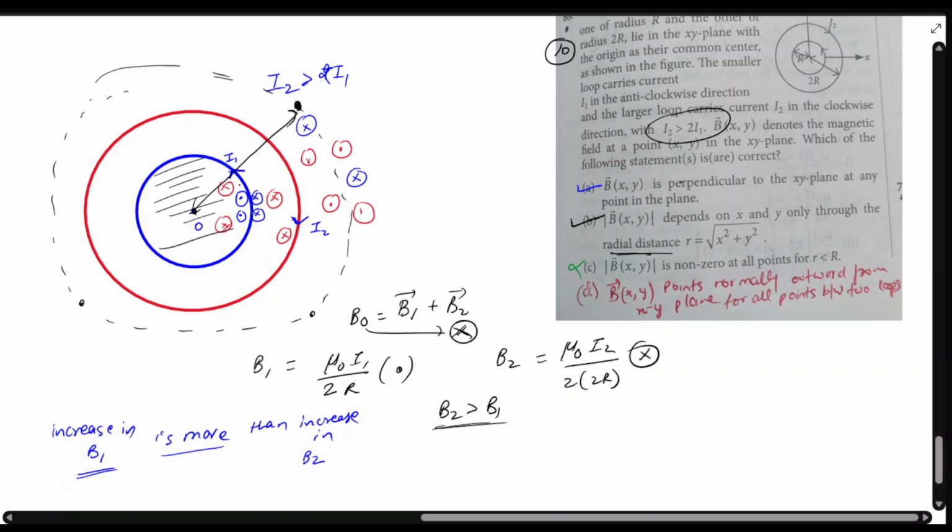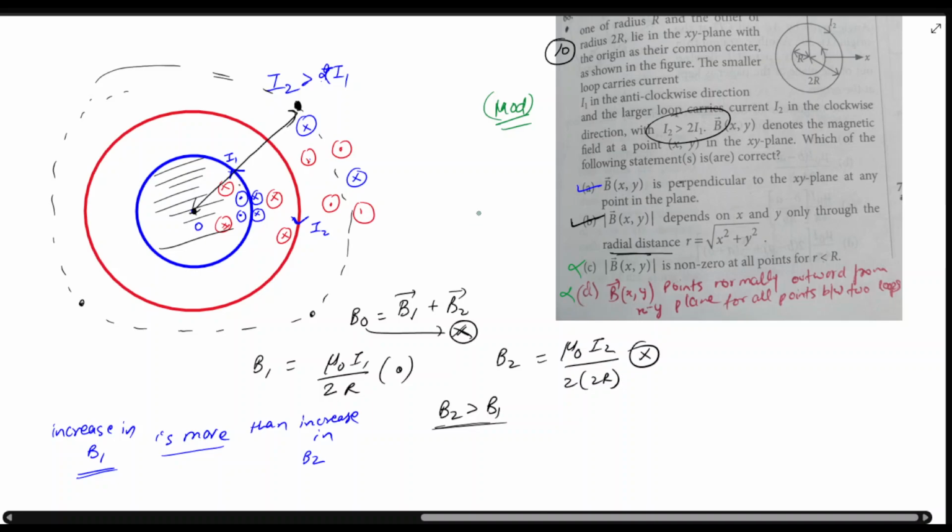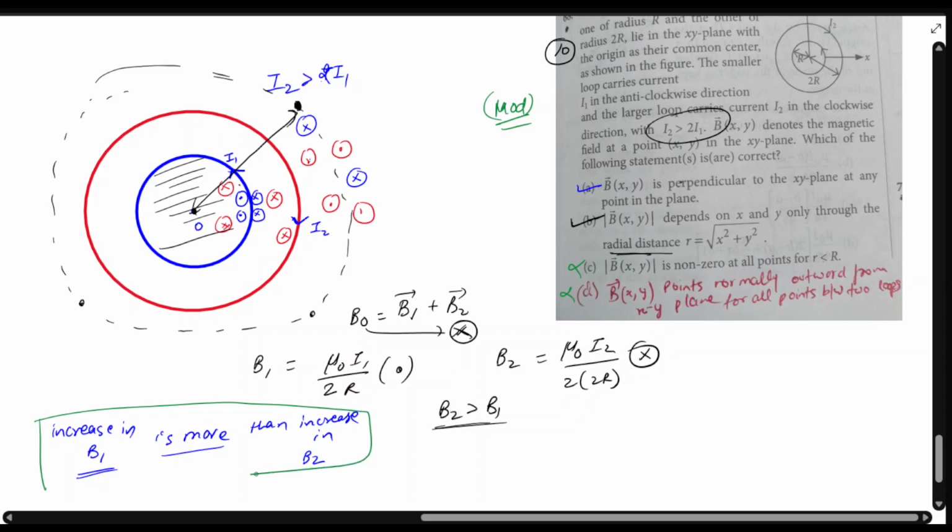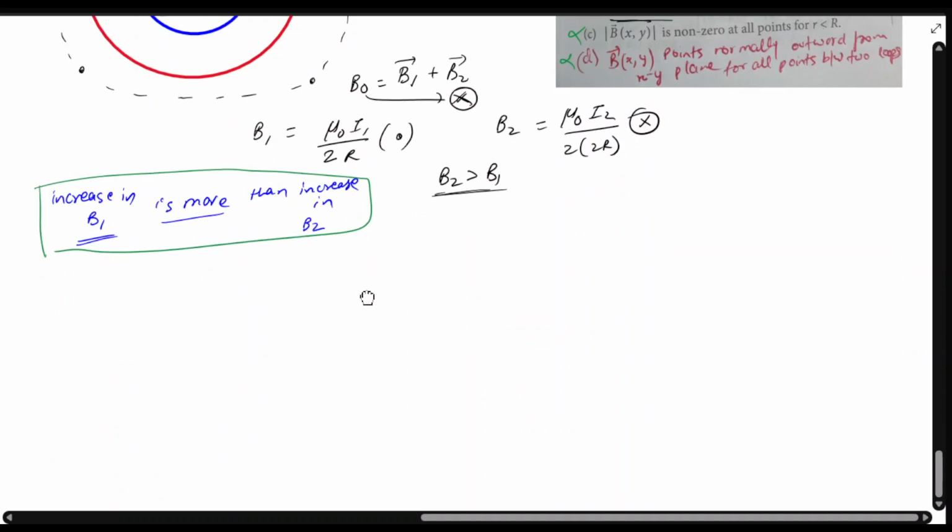Look, in this region the magnetic field is inside the plane, right? And it is saying normally outward. So this option is absolutely wrong. So A and B are correct. This question is quite interesting. We'll consider it as moderate. The concept is pretty nice. Okay. So this is important, which I have written here, right? So let's move on to our next question.